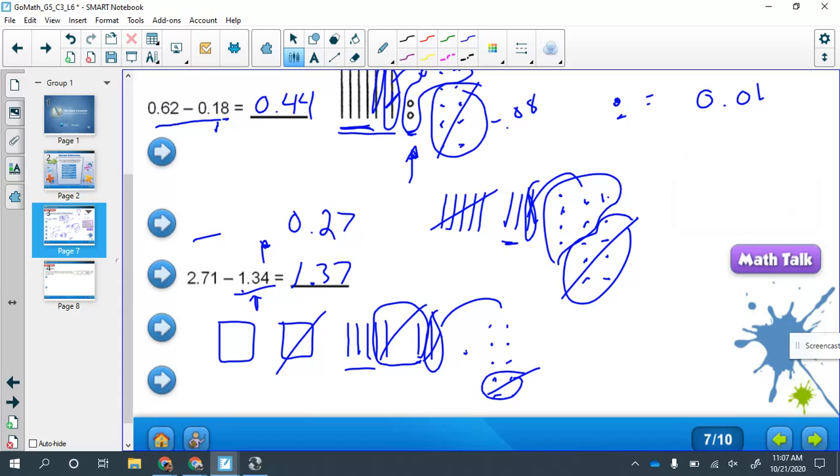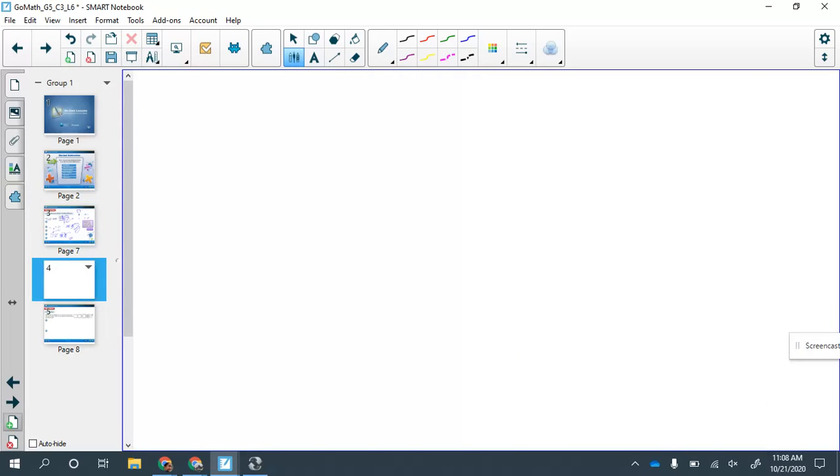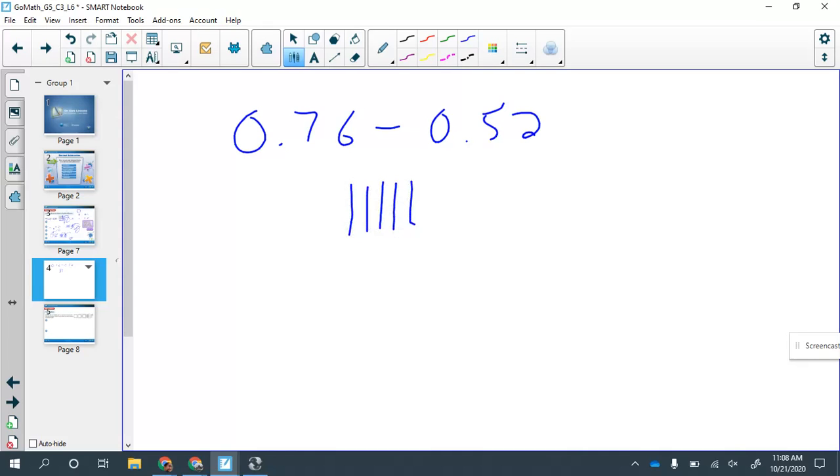Now all of the ones that we have done have had regrouping in the hundredths place, but they won't all necessarily have that. Like if we did 76 hundredths minus 52 hundredths, we would start by drawing our 76 hundredths, and we would subtract 52 hundredths.